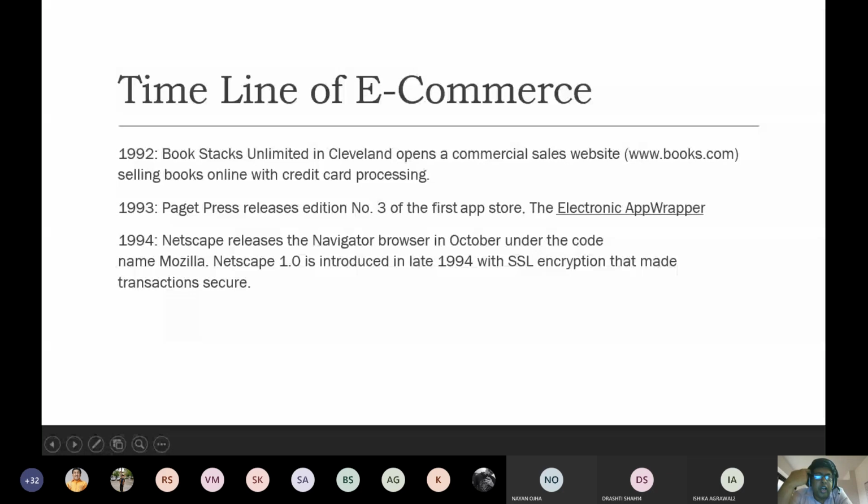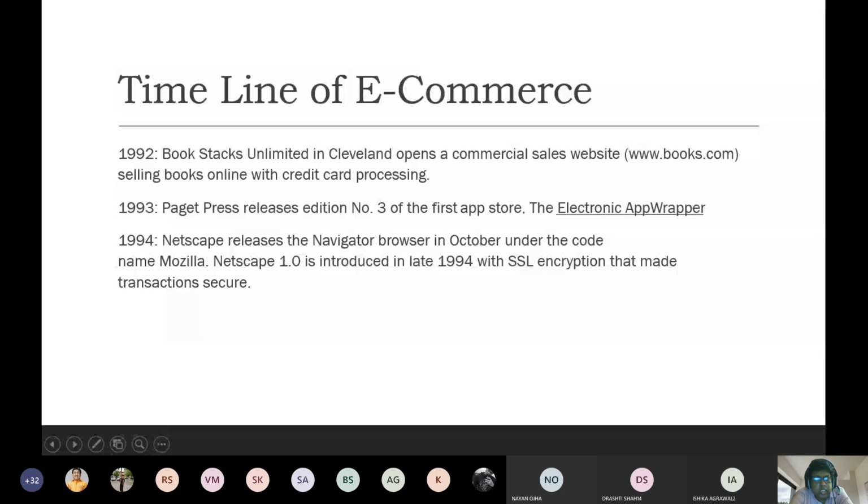It was my time when I was just introduced to computers, and we were going through various sorts of browsers, and Netscape was one of the browsers that was in early development.